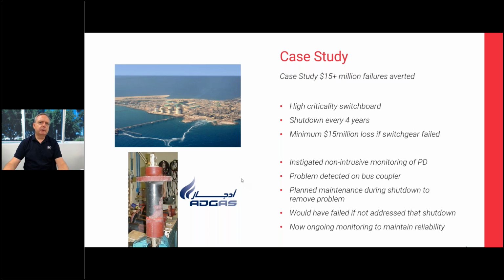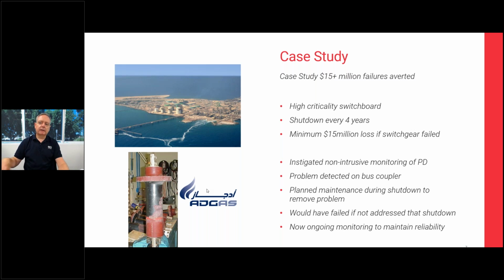So they opened up the bus bar, and the picture on the bottom left shows you the bushing that was in the bus coupler. This had just a small level of insulation left, about 70 millimeters of insulation left before it would have failed. So this would almost certainly have failed between the outage period here and the next 4 years if it hadn't been addressed.